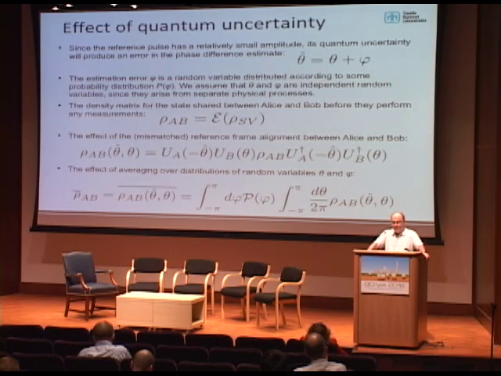In reality, of course, there will be additional uncertainty, and the estimation will be different from the actual angle. The most fundamental contribution is the quantum uncertainty in the reference pulse. The reference pulse is much weaker than a local oscillator would be, and we cannot neglect quantum uncertainty in the reference pulse.